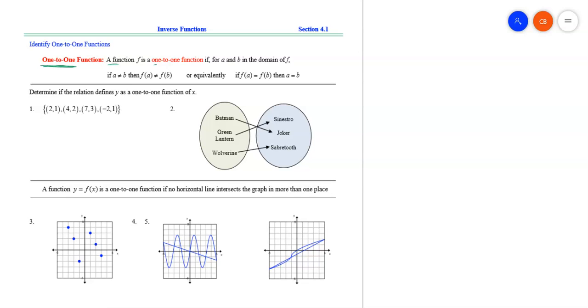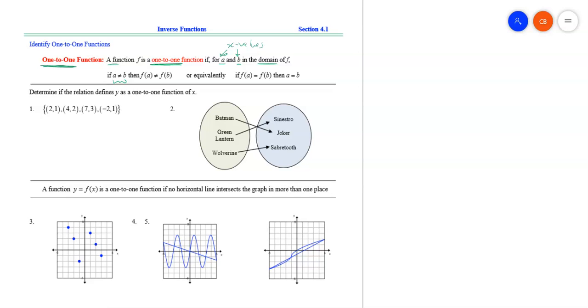We will say that a function is one-to-one if whenever you have two x values like a and b that are in the domain, so these are both x values, we have to have the fact that if those two x values are different from each other, a and b are not the same, then the y values that correspond to those x values also should not be the same. And so basically different x values result in different y values.